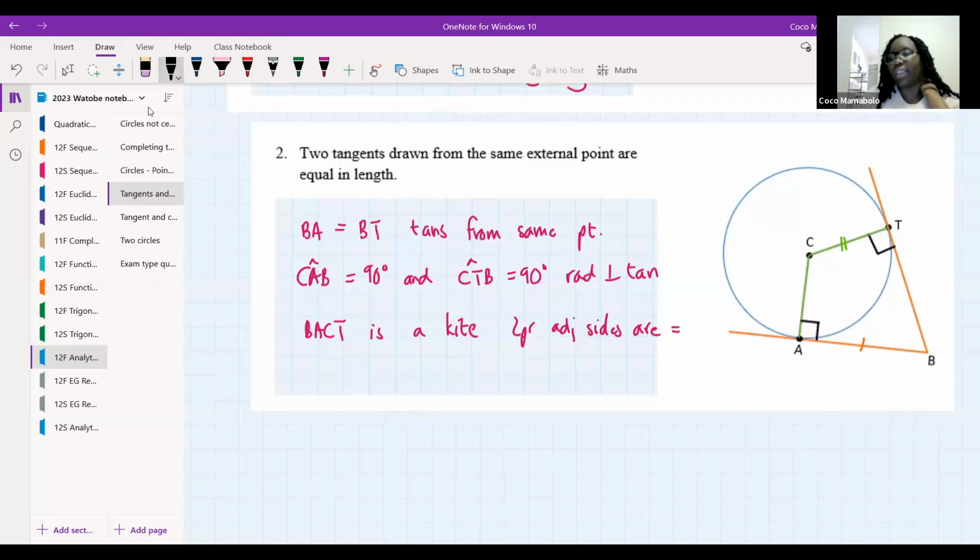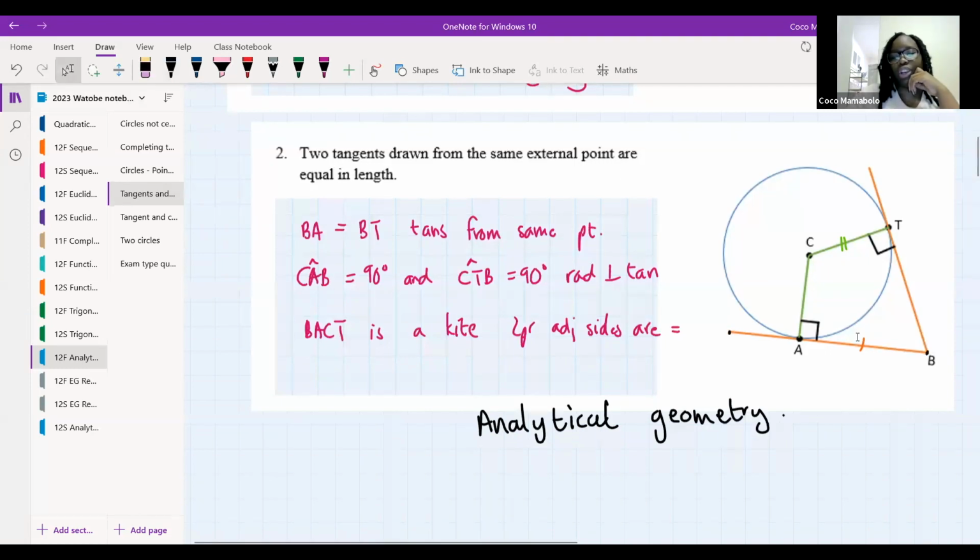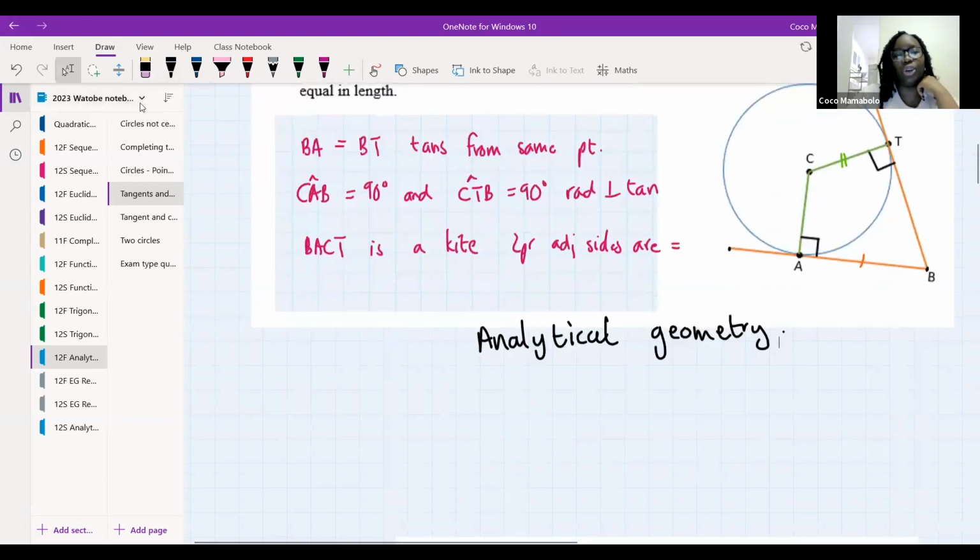Now I know that this is a line. If we're thinking analytical geometry, what do we know about a line or a line segment? What do we learn about a line? Yes, Zinke.